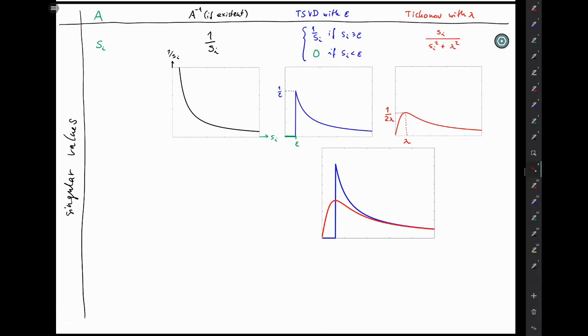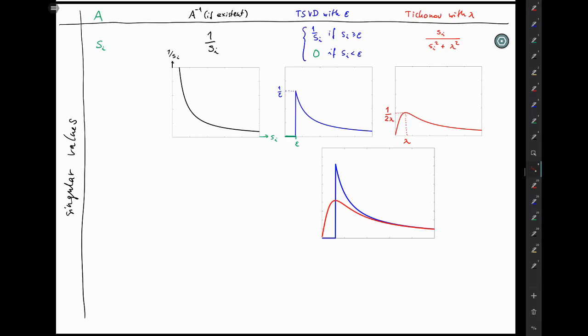Okay, we already said that towards plus infinity, where singular values of the solution operators are small, the blue and the red function both mimic the black function. So let's try to write blue as black times something, and then the same with red.